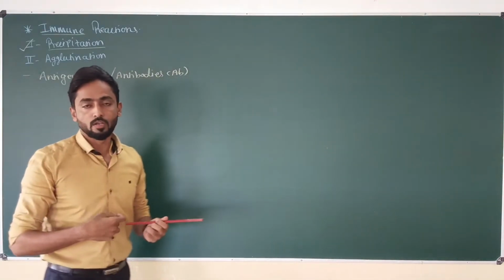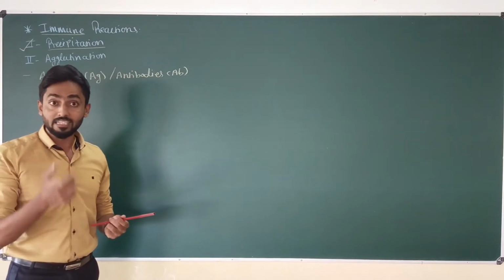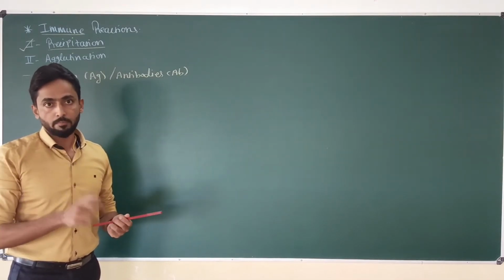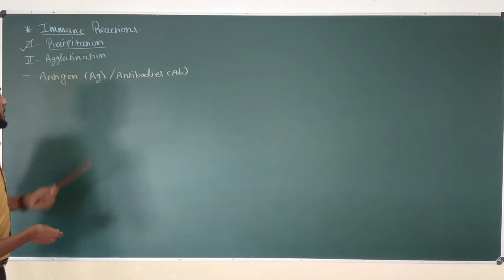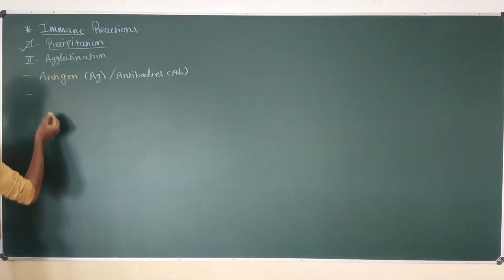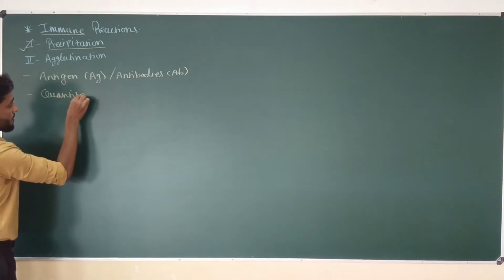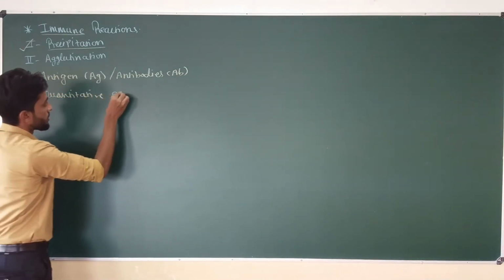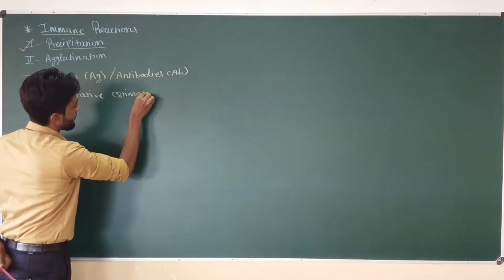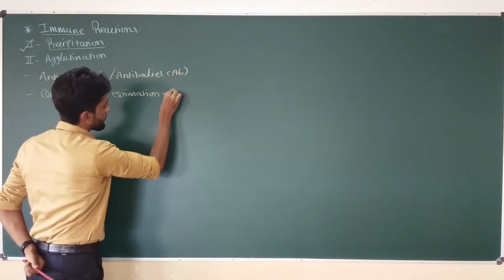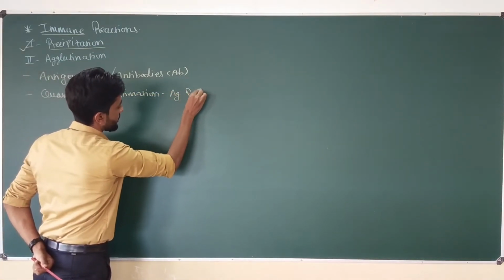We can find out the concentration of antigen or antibody from the sample with the help of this precipitation technique. So the application of this technique is quantitative estimation of antigen and antibody.